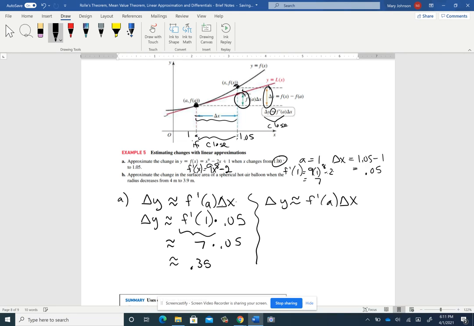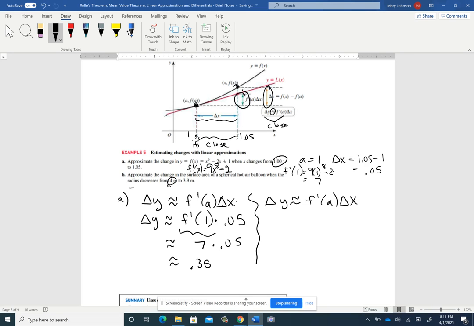It's not related to part A. It says approximate the change in the surface area of a spherical hot air balloon when the radius decreases from 4 to 3.9. So A is 4 because it's your starting point, and then you're thinking about what you're moving to.